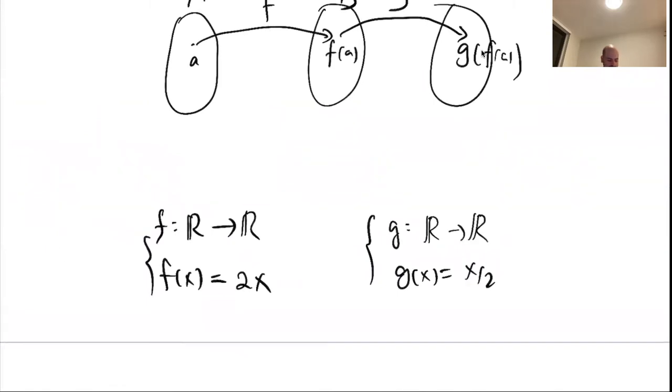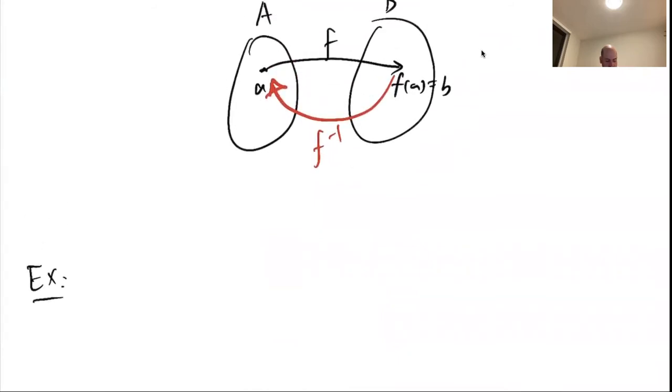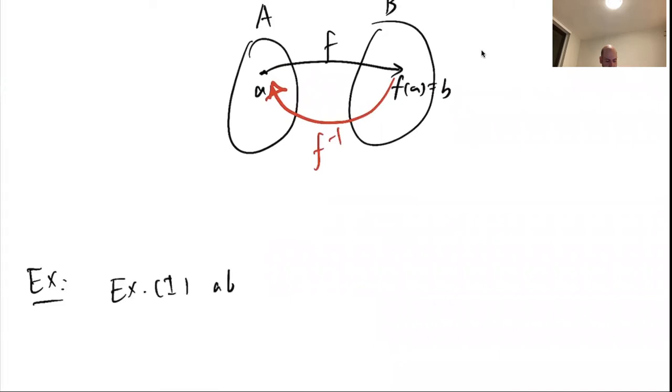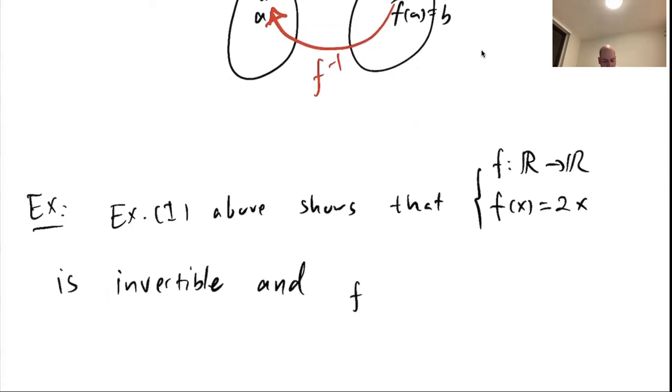So let me call this example, example 1. Example 1 above shows that f of x equals 2x is invertible and f inverse of x is equal to x over 2. f inverse is also from R to R. Right?